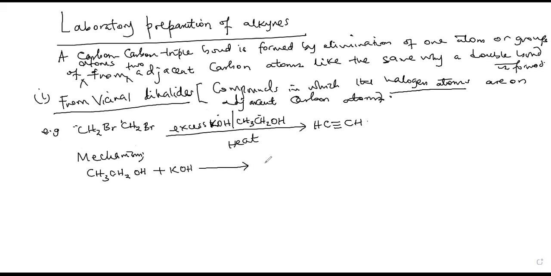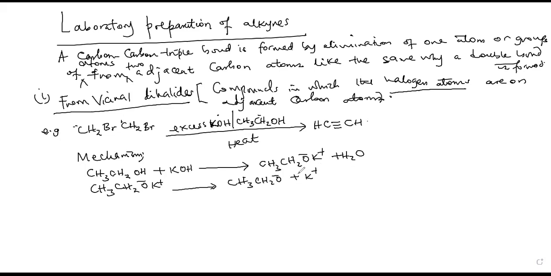This will give us CH3CH2O minus K plus, plus water. Breaking it, we shall have an ethoxide, CH3CH2O minus, plus potassium ion.